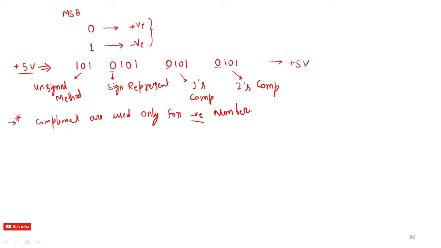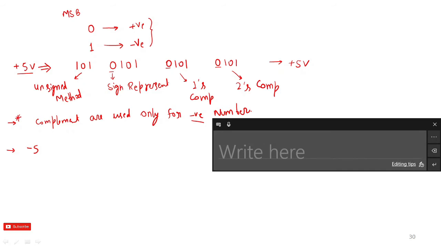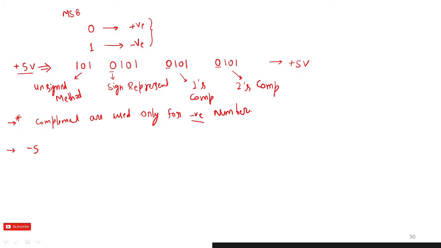So if you want to represent minus 5, how to represent? Minus 5 in unsigned, you can't represent with the help of unsigned.